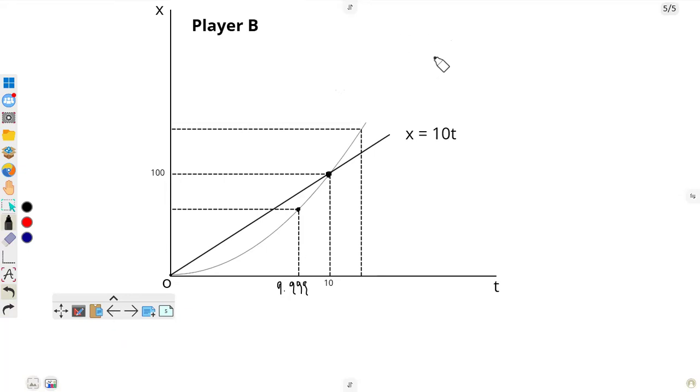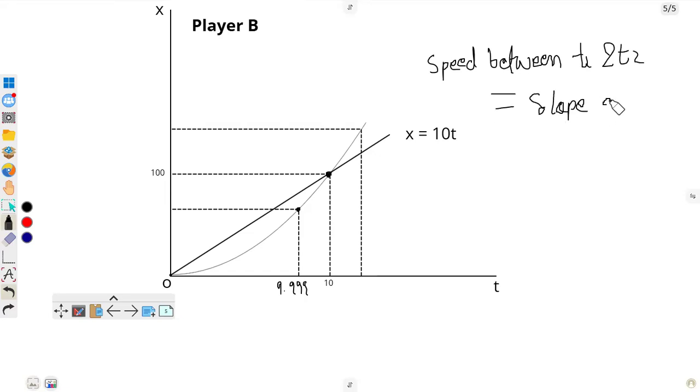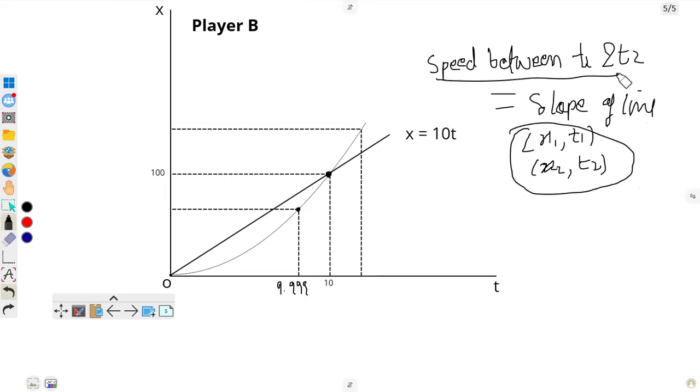We inferred that our speed between T1 and T2 was actually the slope of the line passing through the points x1, t1 and x2, t2, right? Slope of the line which passes through these 2 points, this was our speed.